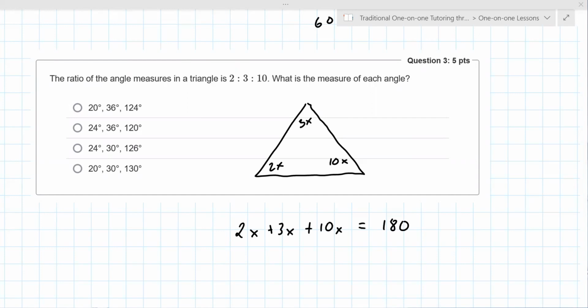Okay, I have my answer. What's x? 12. So then I plug it back into 2x, 3x, 10x. So it's 24, 36, and 120. Very good.